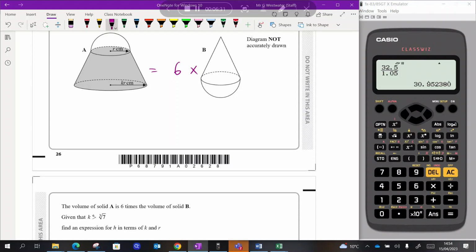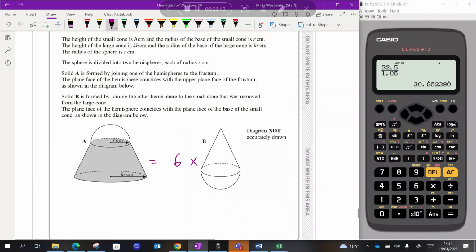Okay. Given that k is greater than the cube root of 7, that might be relevant at some stage, but we can just ignore it for now. Find an expression for h in terms of k and r. So I think the first thing we need to do is try and find some form of expression for these two shapes. So let's start with this cone, shall we?